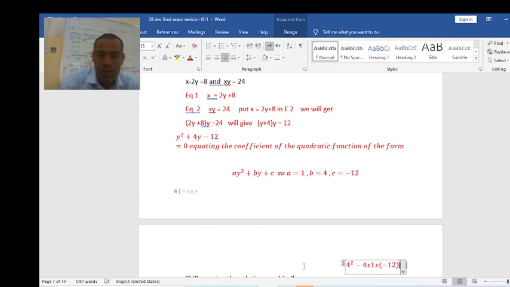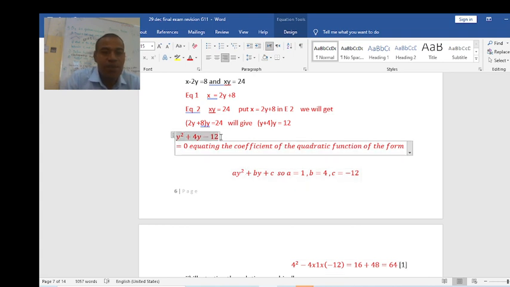This equals, learners, 16 plus 48, which is equal to 64, which is 8 squared.